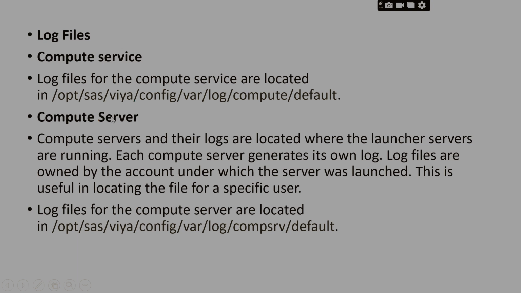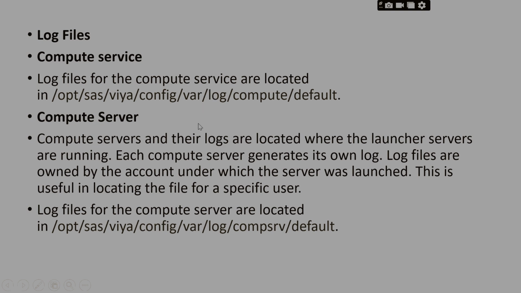And log files. Where will the log files be available? All the log files for all the SAS applications will be available in the OPT directory only. If you need any log file for a SAS application, you need to go to the OPT directory only. There is no other directory where it stores log files for SAS. In the OPT directory, you go to SAS, and via the next configuration, wherever you see var, under var only you can see log files.